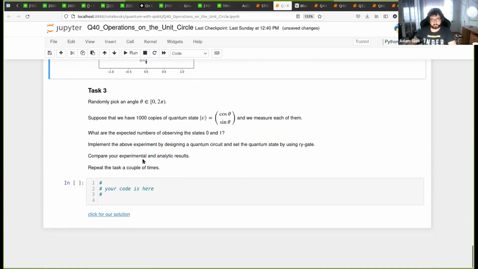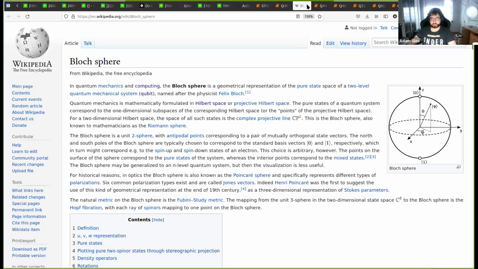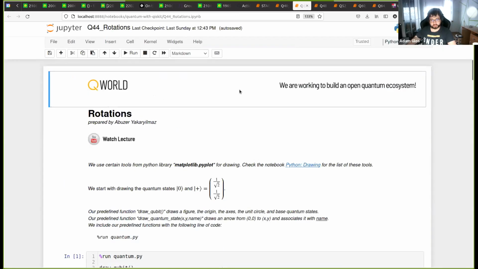Here is a task in which you repeat the experiment above with different kinds of angles. You can choose random ones. But now, as we agreed already, rotations are not the only quantum gates available.